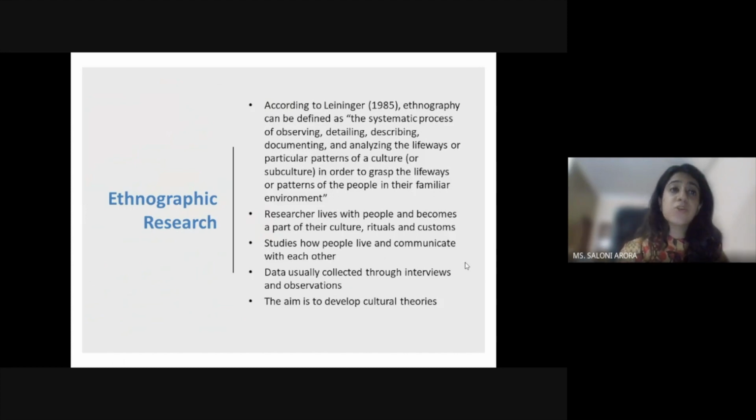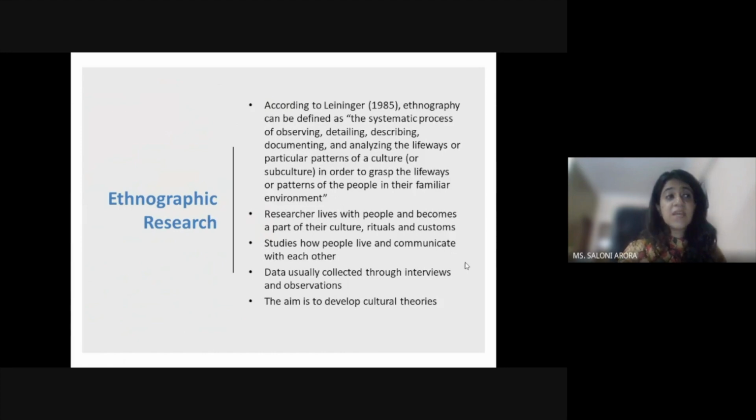Why a certain group is of such an opinion? Why a certain group are feeling a certain pattern? So, ethnographic research, because of this reason, takes a lot of time. Because in order to understand someone's culture, someone's belief, that is a time consuming process.